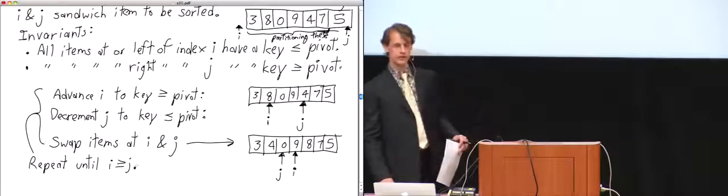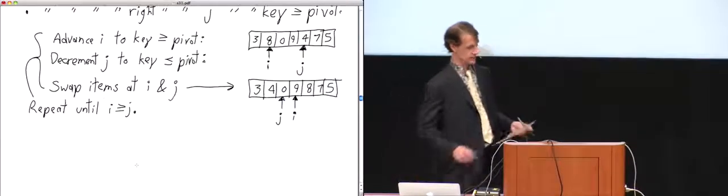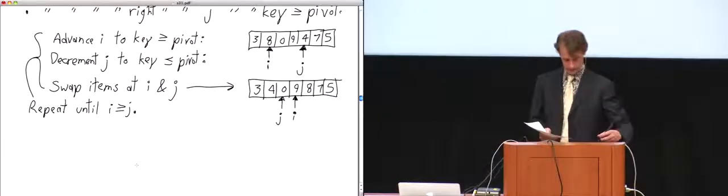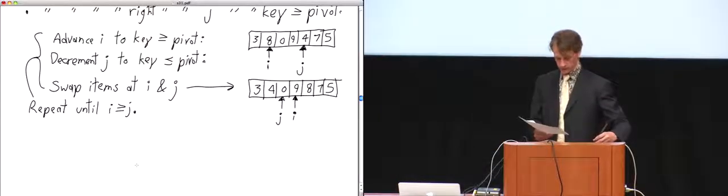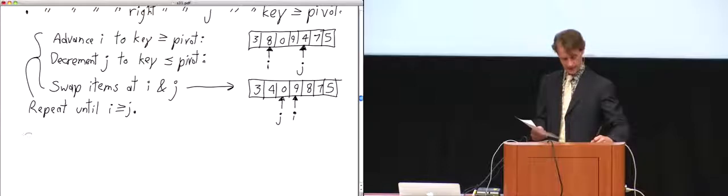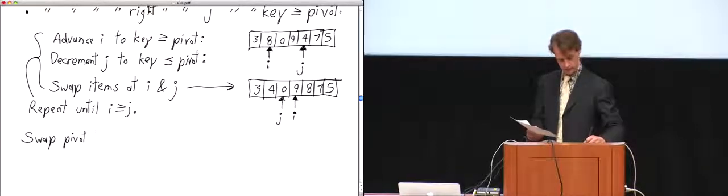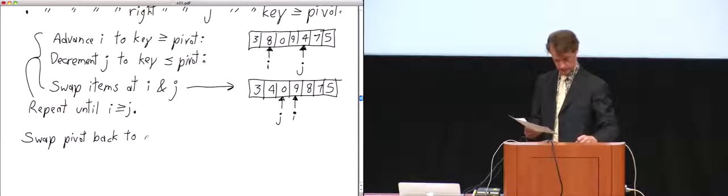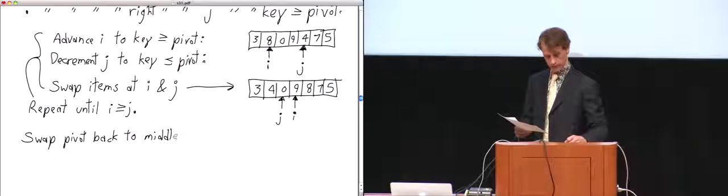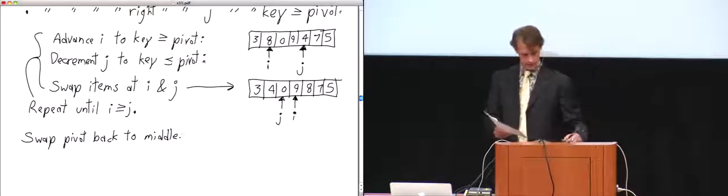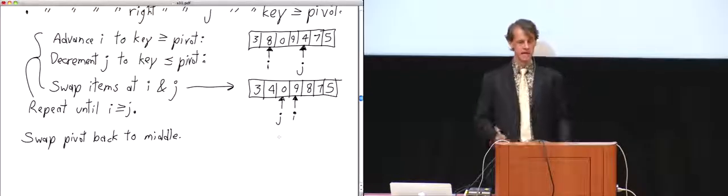And when we have reached that point, now we will swap the pivot back to the middle. Specifically, we swap it with i. So I'm going to take the pivot.